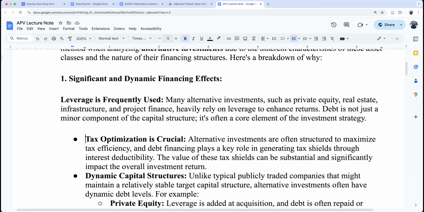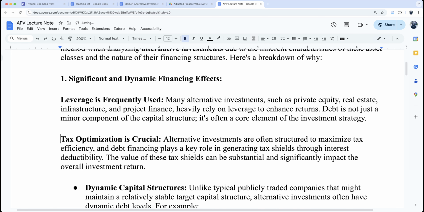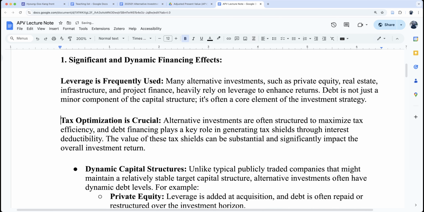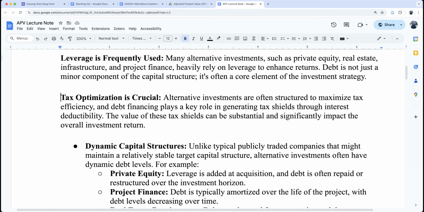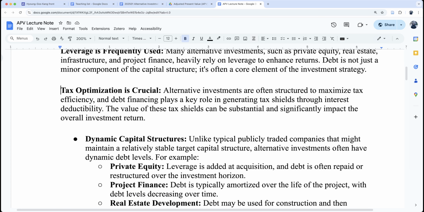Second, you have to optimize the tax. Tax optimization is crucial. Alternative investment is often structured to maximize tax efficiency, and debt finance plays a key role in generating a tax shield through interest deductibility. So when you design an alternative investment or project, debt policy is important, tax policy is important, and they are interlinked.